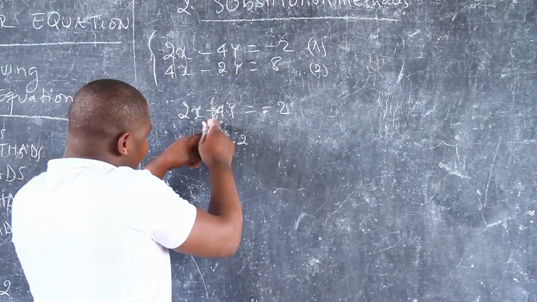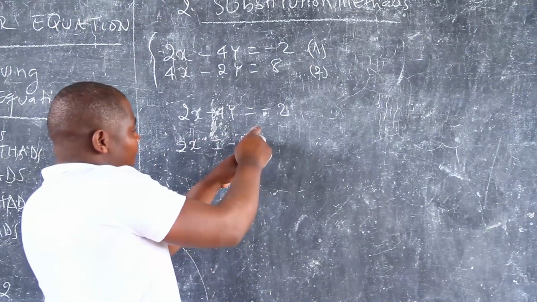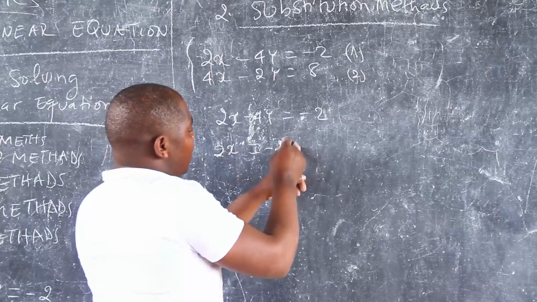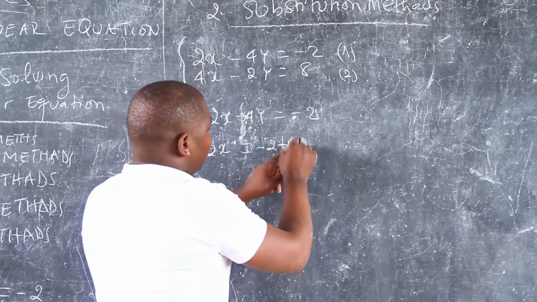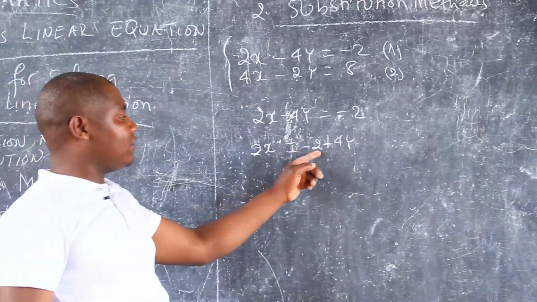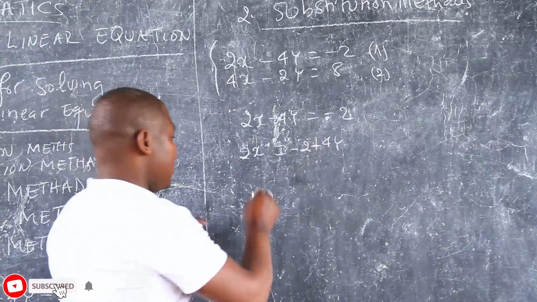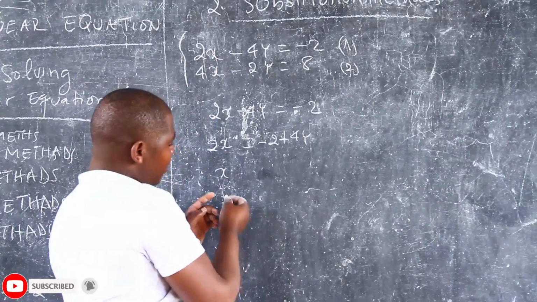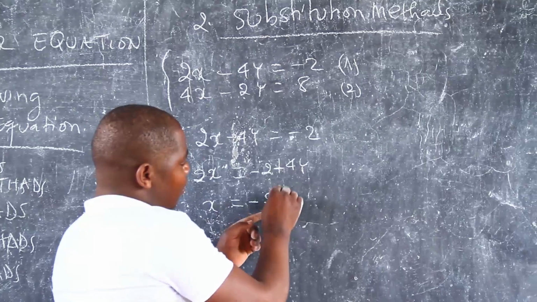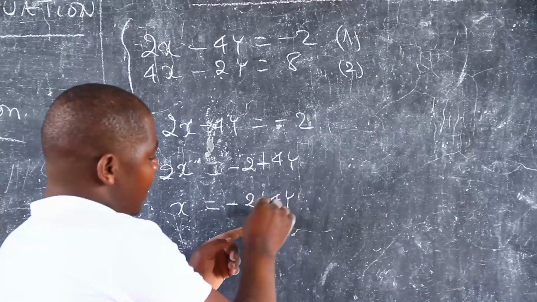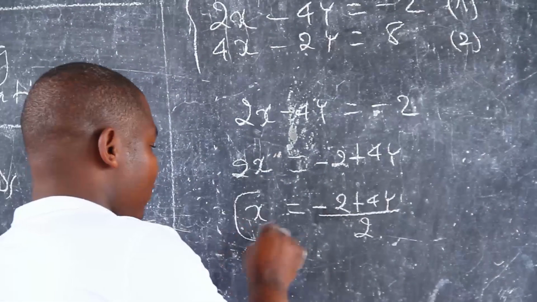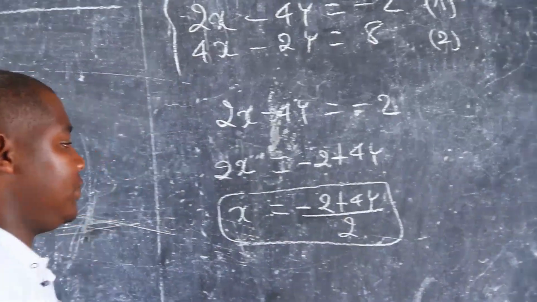If I carry it to the left side, this sign changes into positive 4y. Means 2x equal to negative 2 plus 4y. X will become negative 2 plus 4y over 2. This is the value of x.